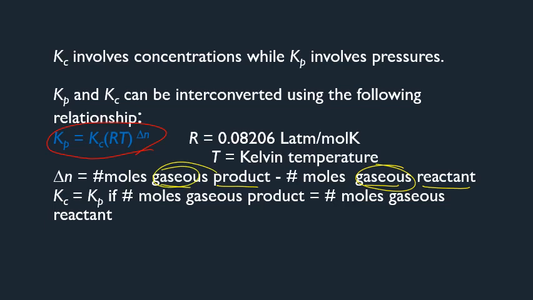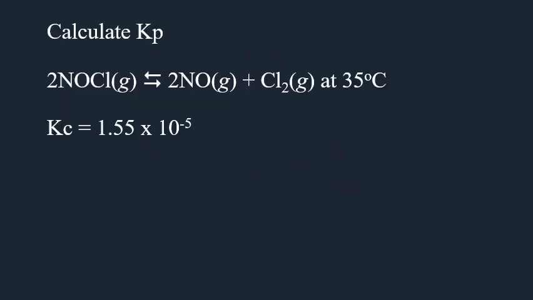Now let's go ahead and see some examples on this. Let us see an example to calculate Kp. In this question it is asked: 2NOCl gives 2NO + Cl2 at 35 degrees Celsius. We have to calculate Kp using the given Kc value, which is 1.55 times 10 to the power negative 5. So I'll just go ahead and plug it into the equation.